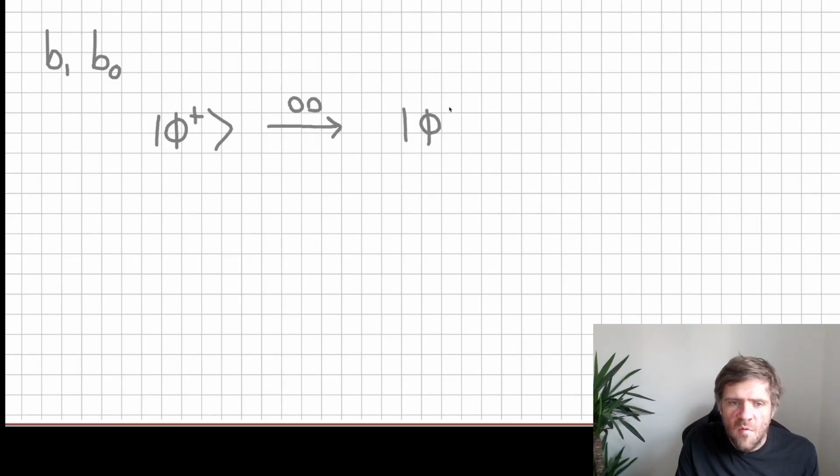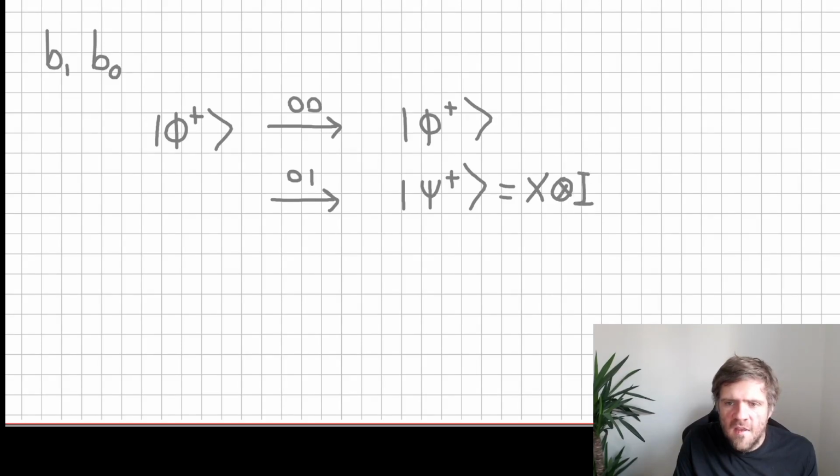If she wants to send the 0, 1 state, then she would prepare the phi plus state by applying an X to her qubit. I mean, to one of the qubits.